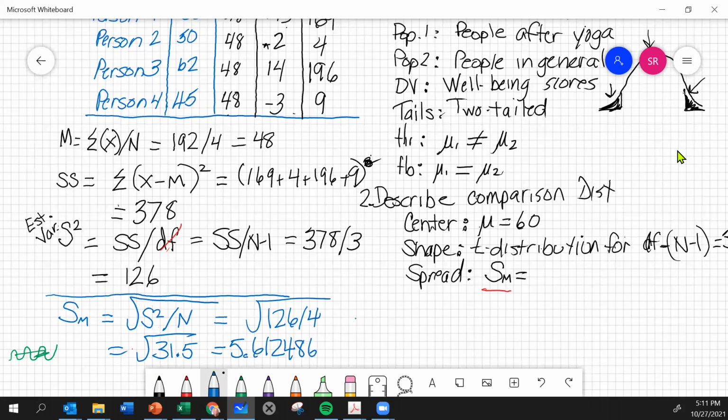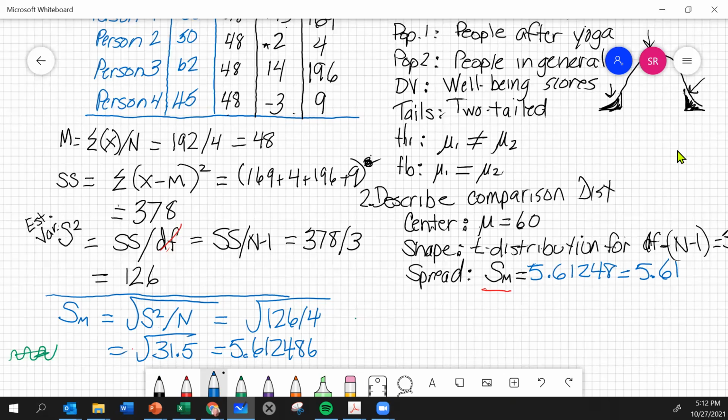We'll write it over here for our final usage, and I'll write the whole thing out because we'll need to use it again: 5.612486, we'll use that for any calculations. And if we're going to write it on the chart, we'll just write 5.61. Almost done with step 2.